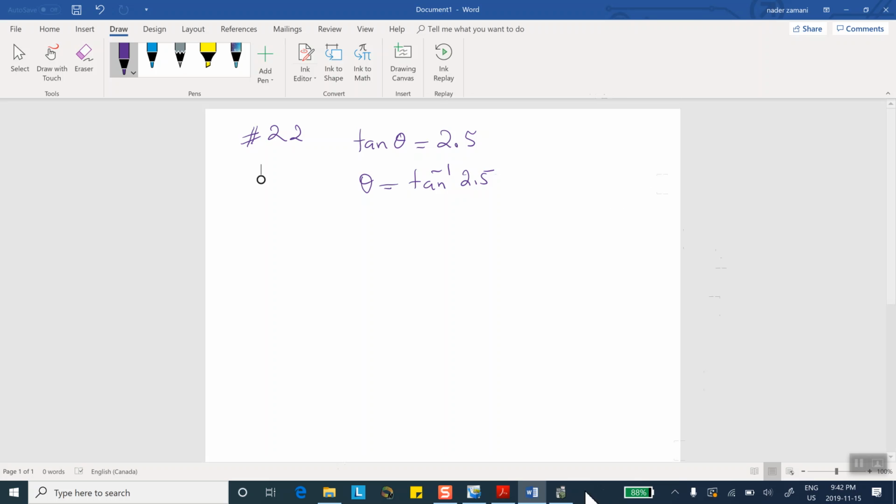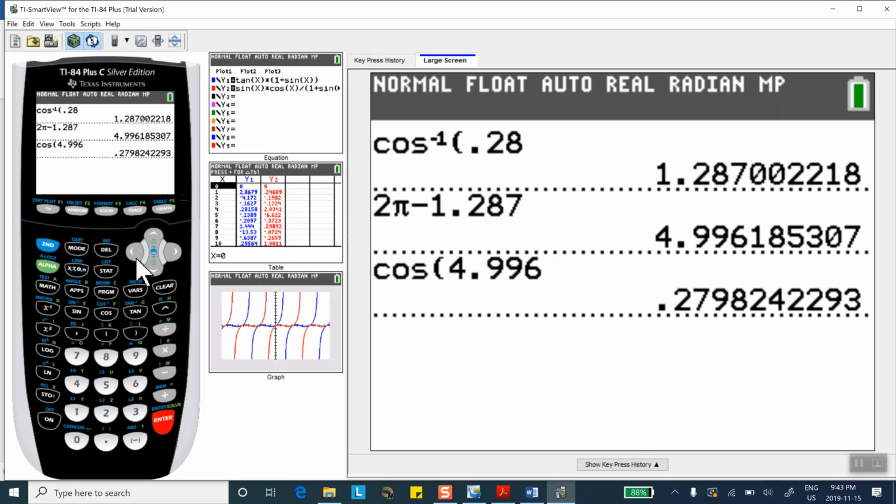Okay, so let's see. First of all, let's use our calculator. Second function, tan inverse, 2.5, not 25, 2.5. And the angle that's going to come out is correct, but it's going to be between minus pi over 2 and pi over 2.